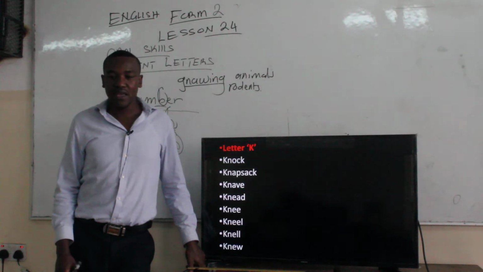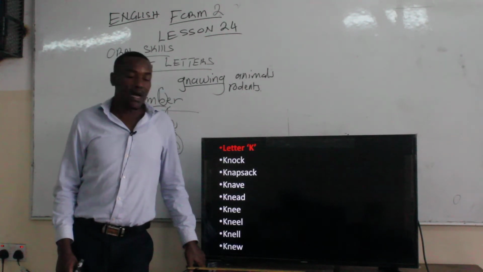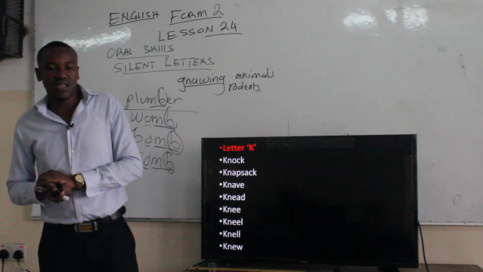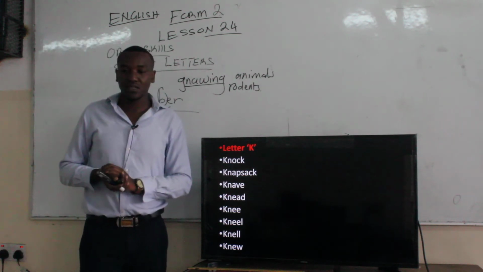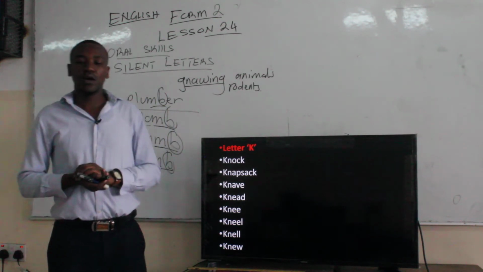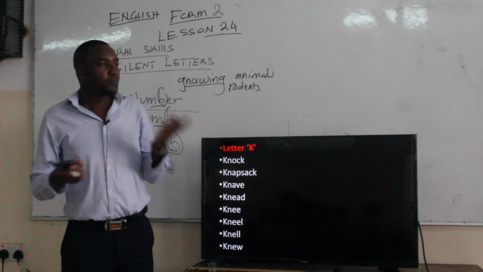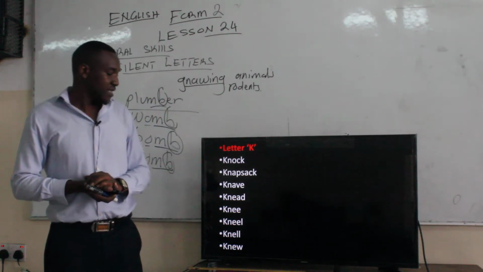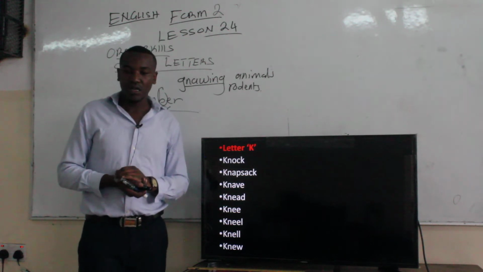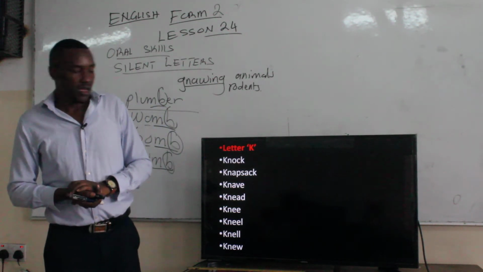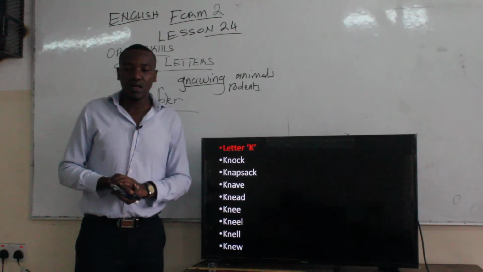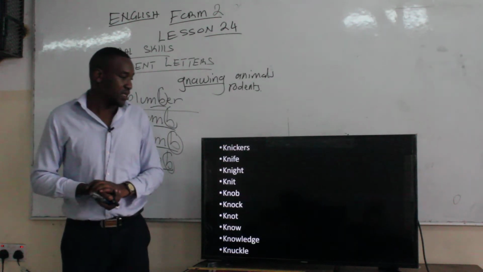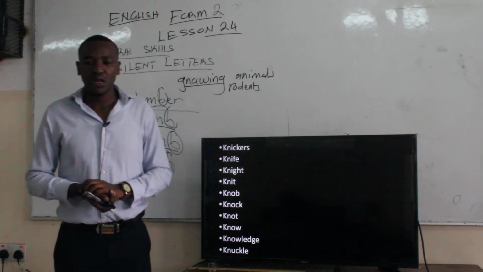Let's see letter K, and most of the time we have K and N. Most of the time the K is always silent. Knock on the door, knock. Knapsack, knee. Then we say needing. Then we have needy, then kneel, knew.